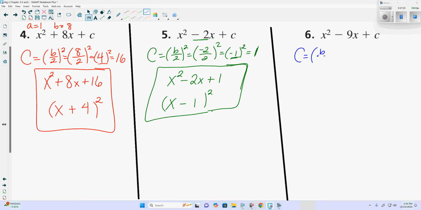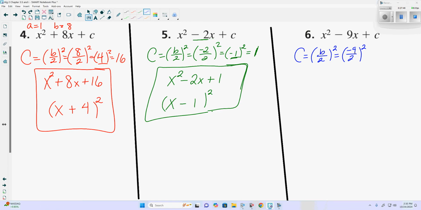C is equal to b over 2 squared. Well, our b value in this case is negative 9. Negative 9 divided by 2. Does that divide nicely? No. Now for these here, it's neither here nor there. We can leave it as a fraction. We can write it as a decimal.